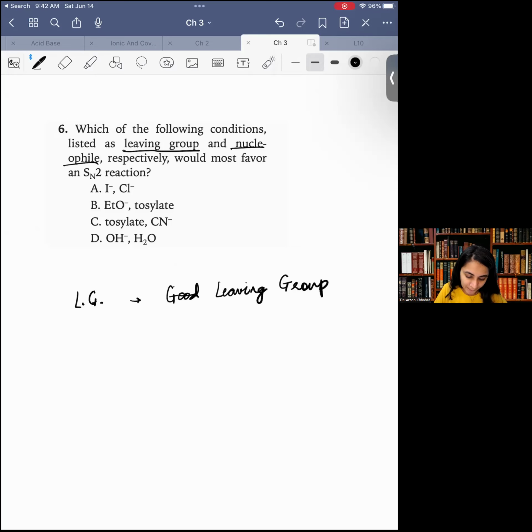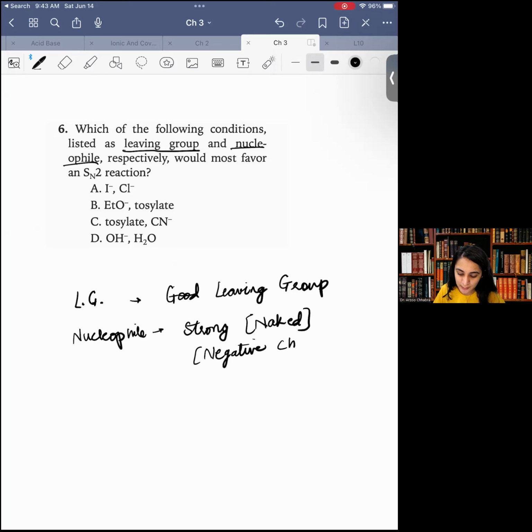And for a nucleophile, we want the nucleophile to actually be strong, right? A strong nucleophile is also sometimes called a naked nucleophile, right? So if it's a naked nucleophile, that means it should have a negative charge present on it. And if it doesn't have that negative charge, then it's not a strong nucleophile, it's called a weak nucleophile. So let's think about it.